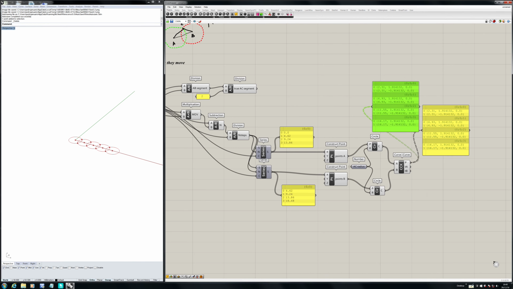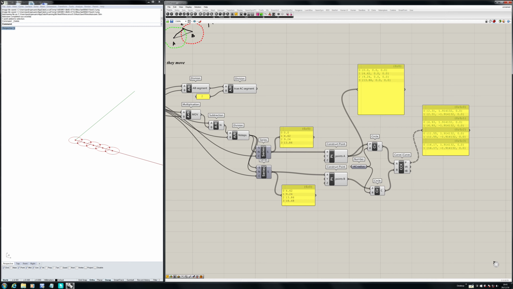I'm going to copy this, and I'm going to see the structure of point A. Now point A is just a list that combined with this one is creating. So for every pair of AB, I have 2 points, this and this.